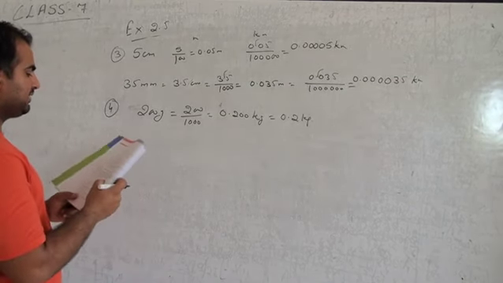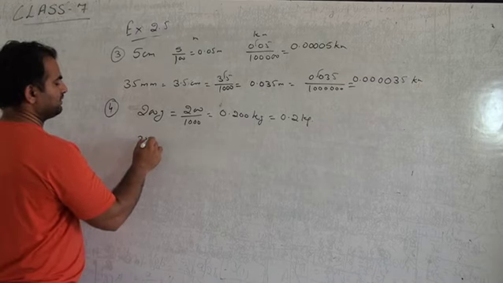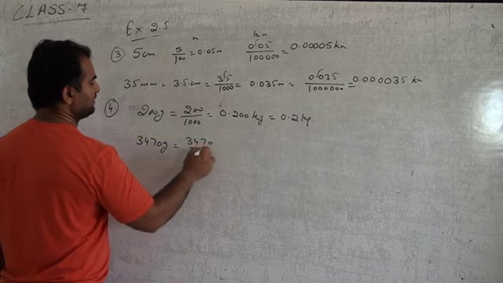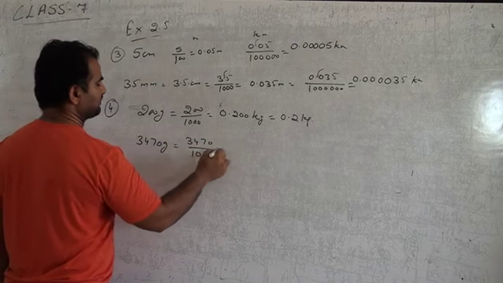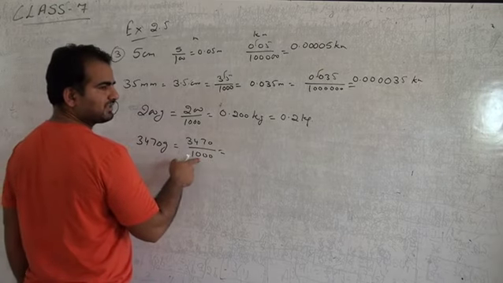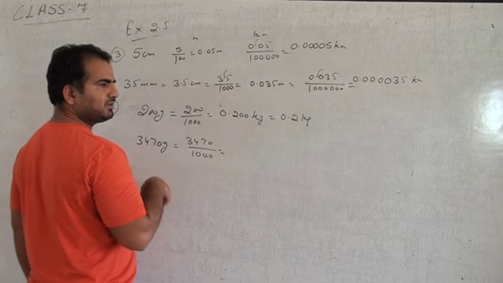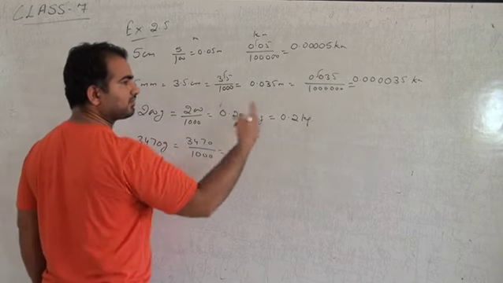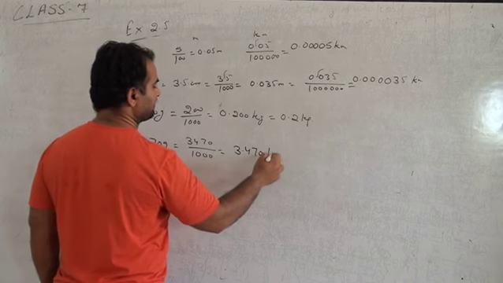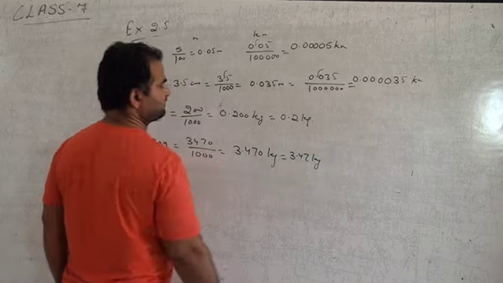Next is 3470 gram. 3470 grams equals 3470 divided by 1000. How many zeros are there? 3. So we place the decimal 3 digits from the right. It will be 3.470 kg, or it can be 3.47 kg.